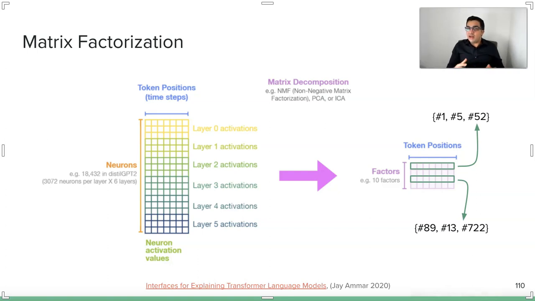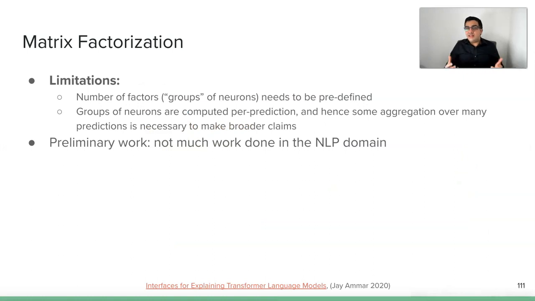Hence, each group can now be analyzed independently to find meaningful patterns, just like we try to analyze individual neurons. Now, since one can set the number of factors to some small value, matrix factorization methods result in groups of neurons that are easy to analyze, because there are fewer of them.